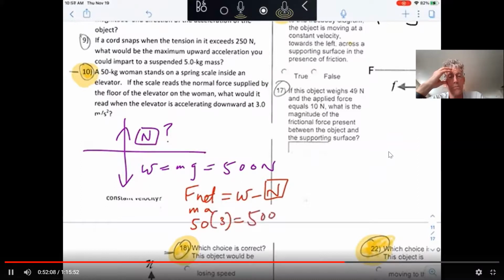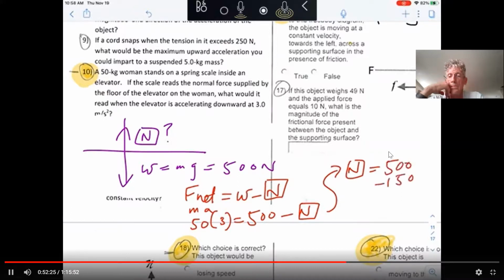Oh, I'm sorry, a is not 10. a is 3 meters per second squared. So 50 times 3 equals 500 minus N. So N would have to equal 500 minus 150, which equals 350 newtons. So that's what the scale reads. It reads less than what she really weighs: 350 compared to 500 newtons.